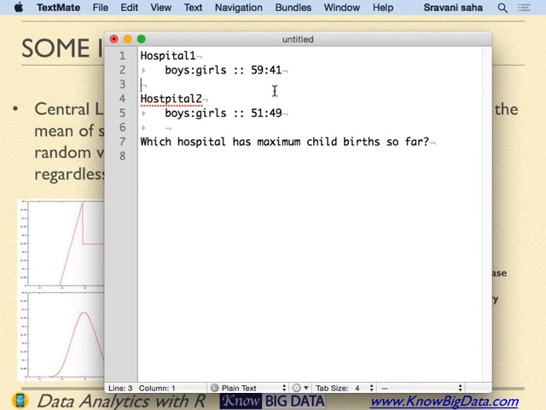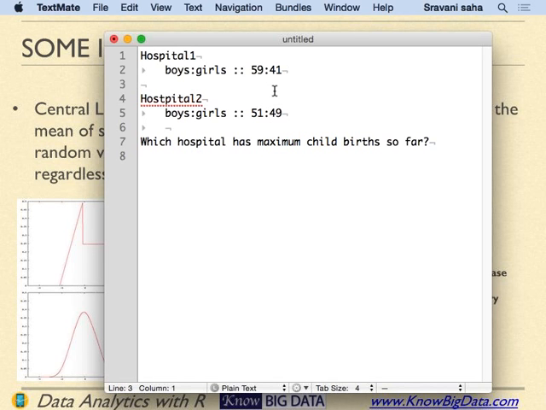It has nothing to do with divisible or non-divisible. The thing is, hospital 2 seems to be telling the truth. We know for sure, right?